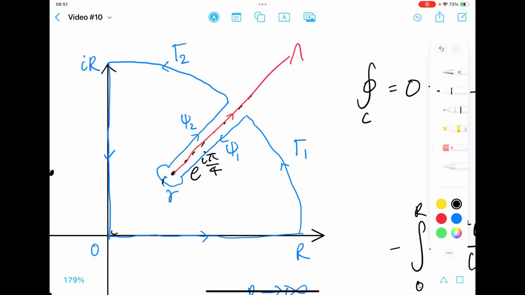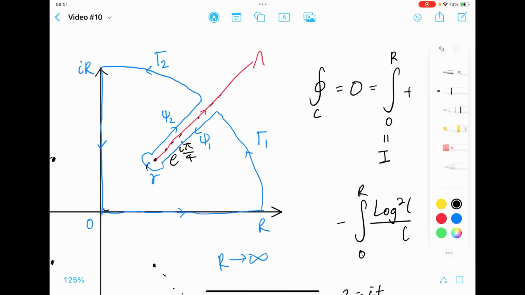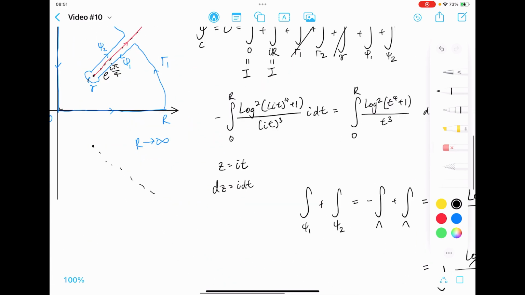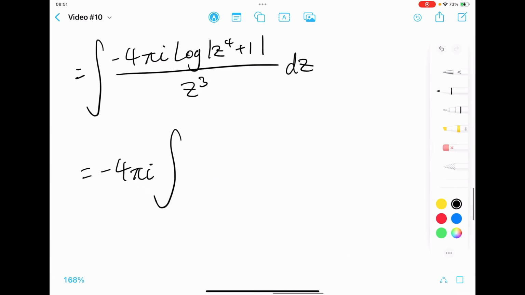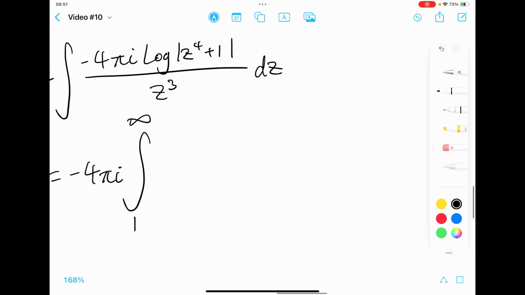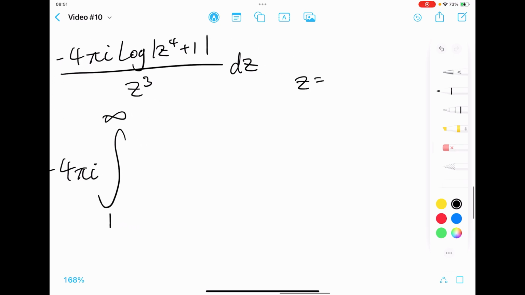We are going from e to the i pi over 4 to infinity, basically. So in that direction, actually. So if we set a parameter, let's say t times e to the i pi over 4, and range it from 1 to infinity, that's going to get us that lambda line. So if we go from 1 to infinity and set z equals t times e to the i pi over 4, and dz will be e to the i pi over 4 dt.